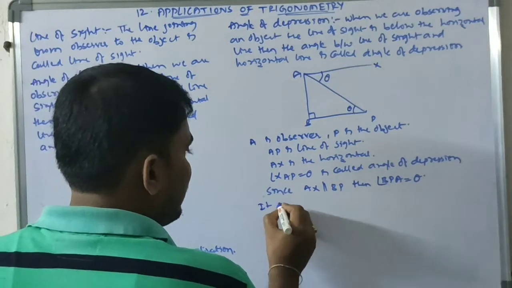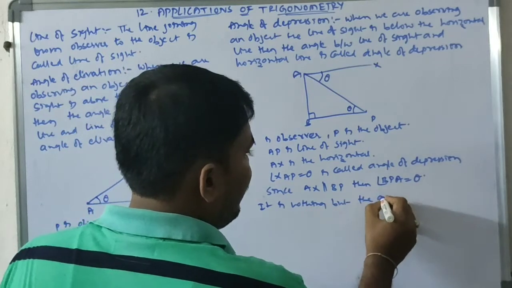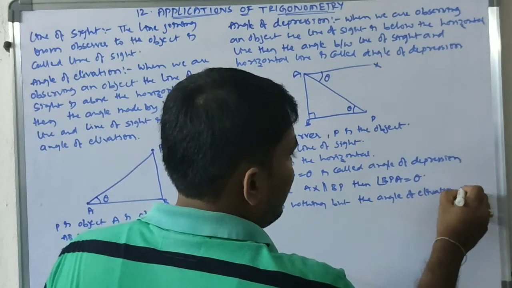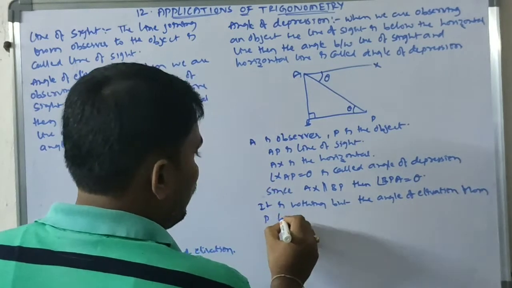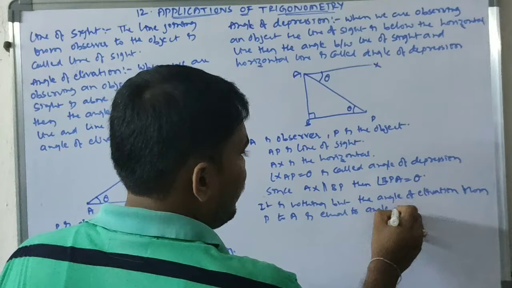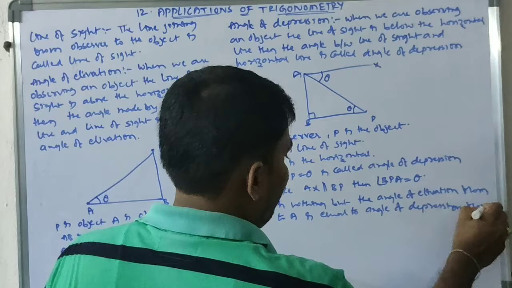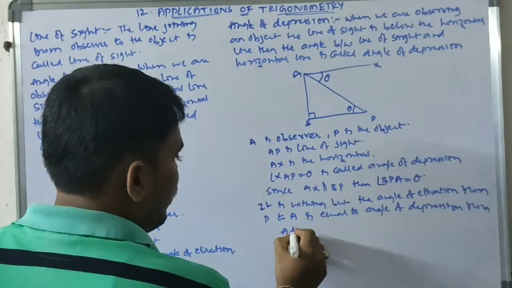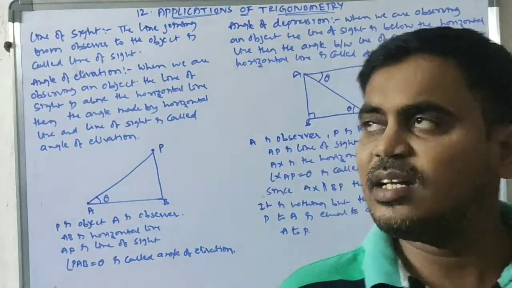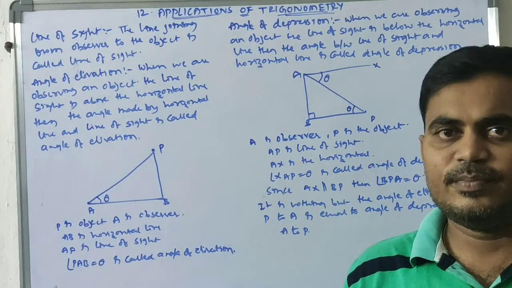So it is nothing but the angle of elevation from P to A is equal to the angle of depression from A to P. So this is about angle of elevation, angle of depression, and line of sight. So we will discuss problems on it now.